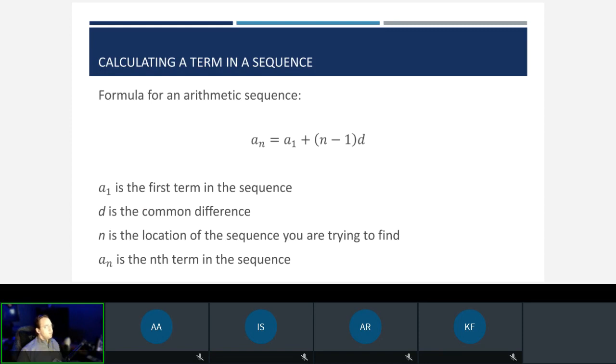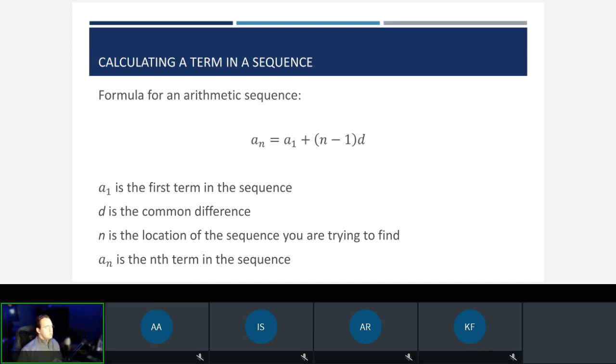All right, so we have a formula to calculate the arithmetic sequence. So make sure you write this down. It is a sub n equals a sub 1 plus the quantity n minus 1 times your common difference. Just as you see it on the screen, your a sub 1 is the first term in your sequence.